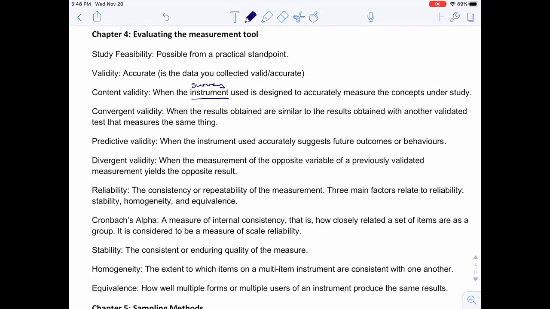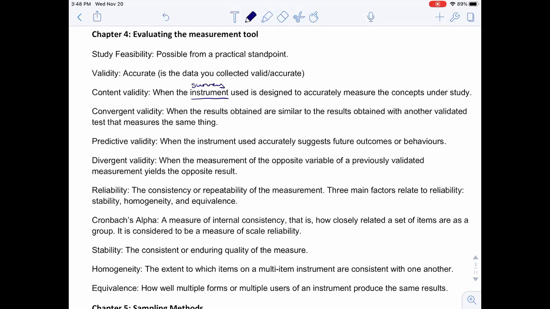Your survey is getting the same results that you would expect to see with this presumably more expensive survey, right? So that would be convergent validity, where your survey instrument converges with the results of the other instrument that is already considered valid, right? So if that's valid and yours are converging, then yours is valid, right?